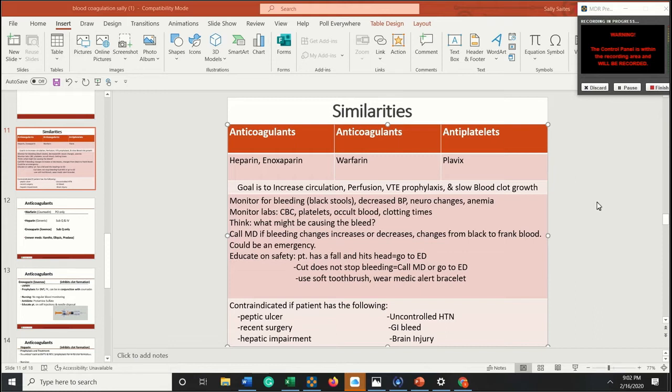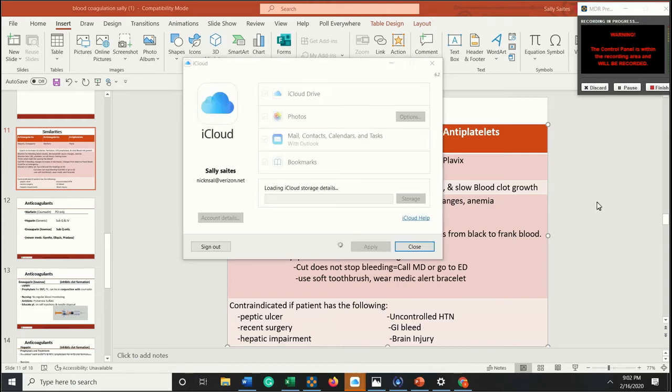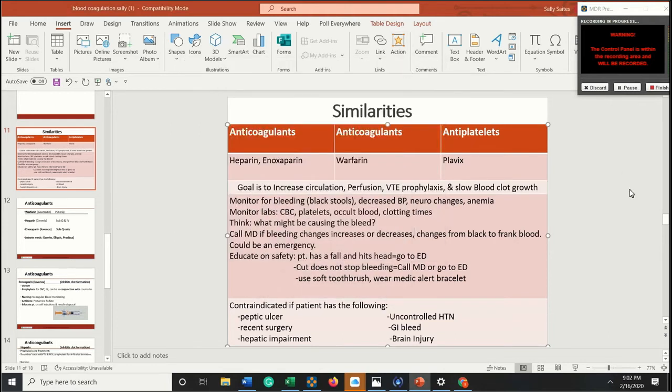So the goal for all of these medications is to increase circulation, perfusion, VTE prophylaxis, and then also slow blood clot growth. Okay. And remember, we talked about the coagulation cascade.